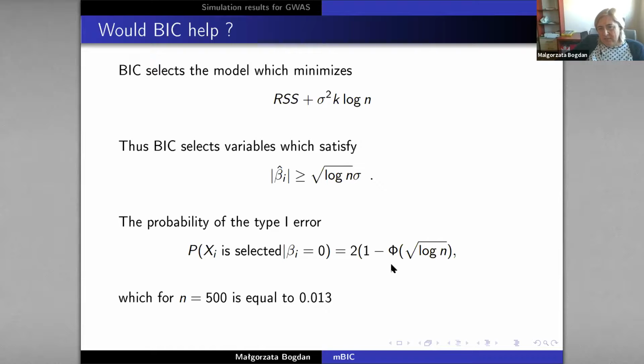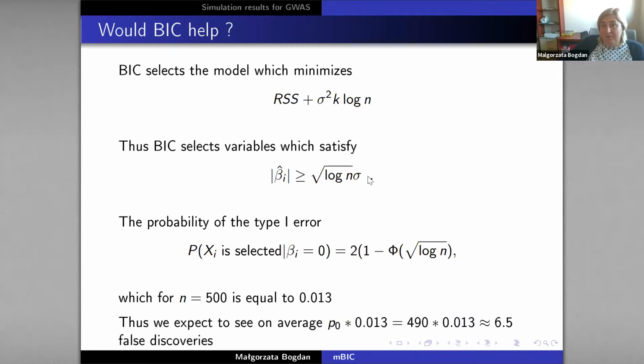And also, as you can see, this critical value increases with n. So for any false predictor, the probability that I'm going to include it in my model converges to 0. For any single one which is false and shouldn't be in the model, the probability that I'm going to include it converges to 0.